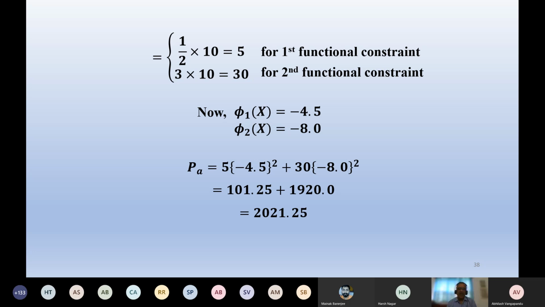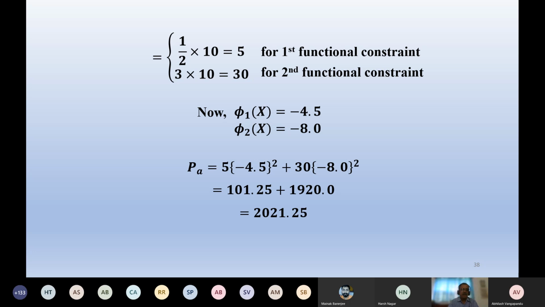Now what is the amount of violation? According to this adaptive penalty, there is a violation. Violation means here there is a deviation between the left hand side and the right hand side.